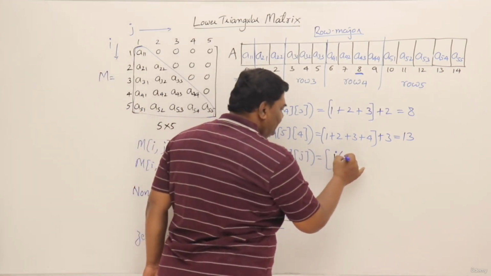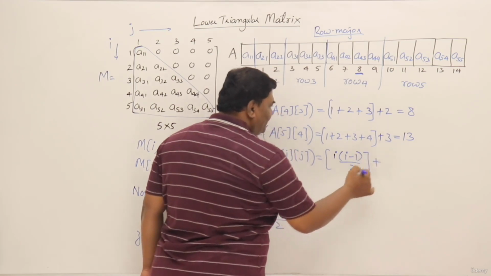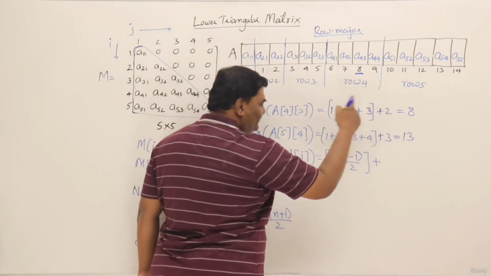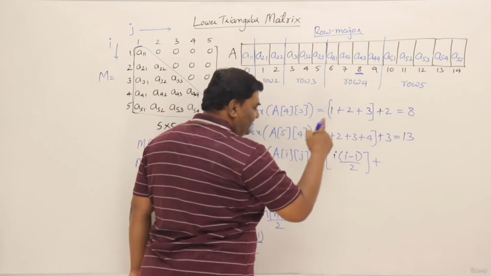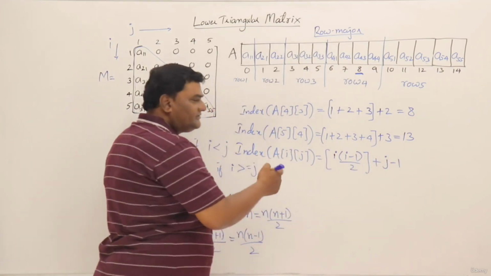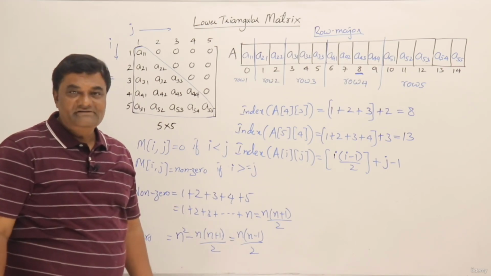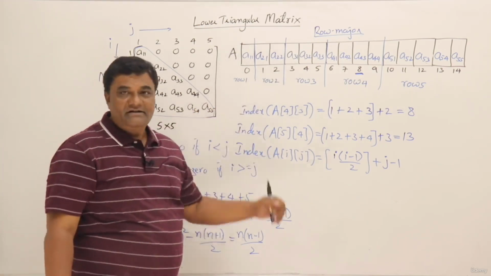So this will be i into i minus 1 by 2. Then plus, this was 3, so this was 2; this was 4, so this is 3. So for j, it will be j minus 1. So this should be the formula for accessing non-zero elements in a single dimension array.